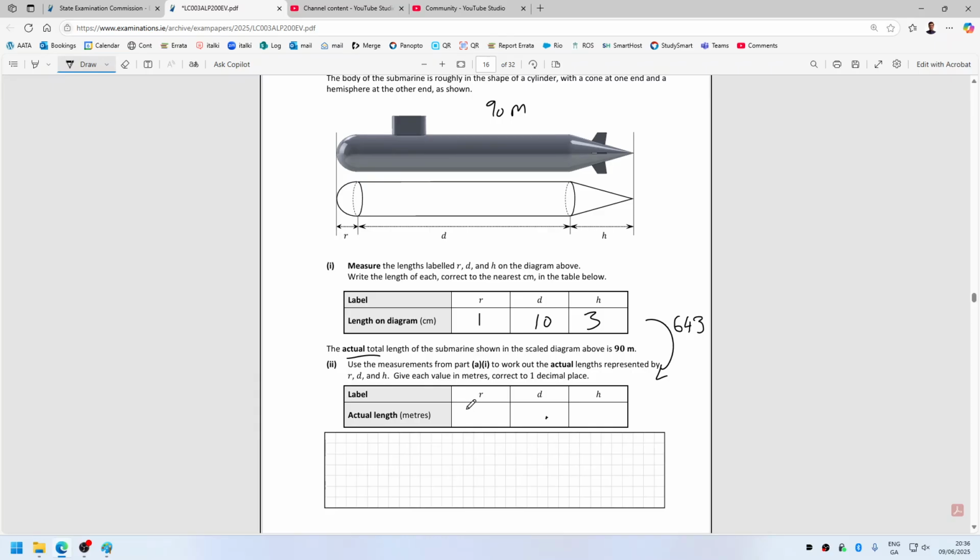So that would be 6.4, and then this one would be 64.3, and then this last one would be 19.3. 19.3 plus 64.3 plus 6.4 is 90.